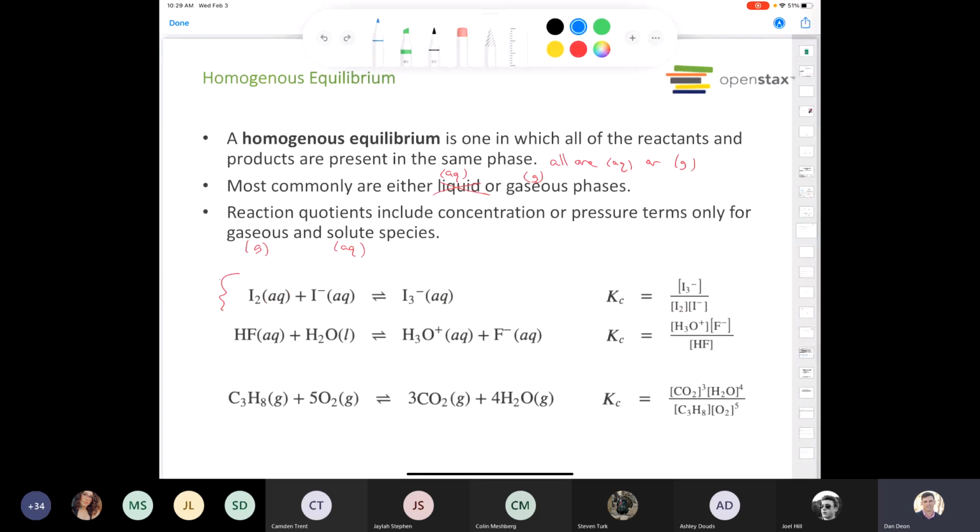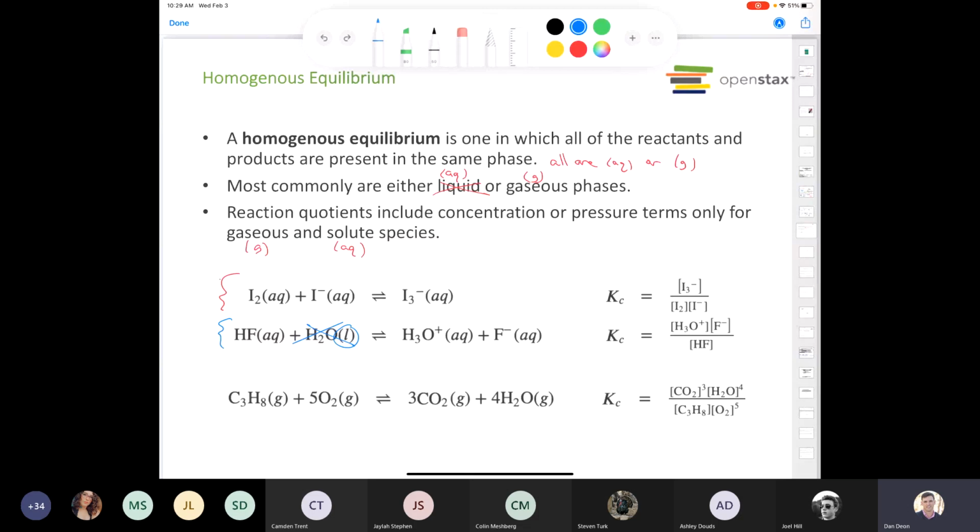But if you look at the second one, you have water, which is a pure liquid. It's not going to end up in the equilibrium expression. You see that it's not in the denominator. Why? Because a liquid is a pure substance, not a solution. You can't measure the concentration of pure water, or pure anything, so we leave that out.